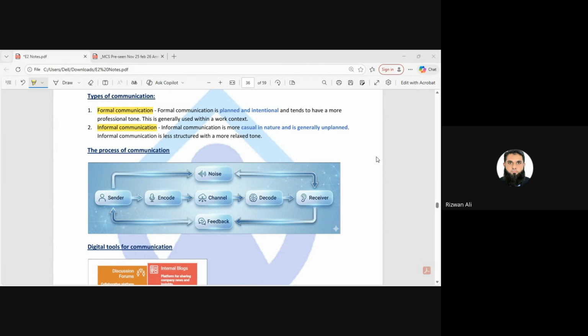But for small tasks and the day-to-day activities, it will be oral, direct, in-person discussion, or a simple phone call, or even WhatsApp is working nowadays. But if we need to appreciate something, definitely we have to bring it in a formal communication. So this is what we are doing in practice.